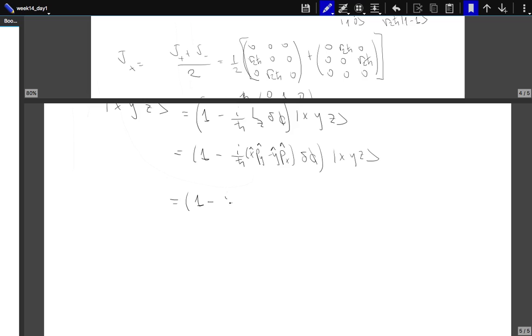This is equal to 1 minus i over ħ xpy plus i over ħ ypx. Now, these are multiplied with delta phi.